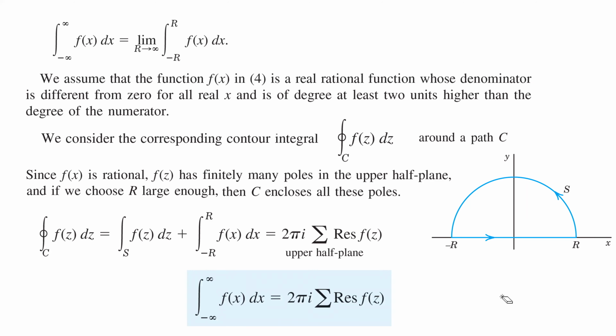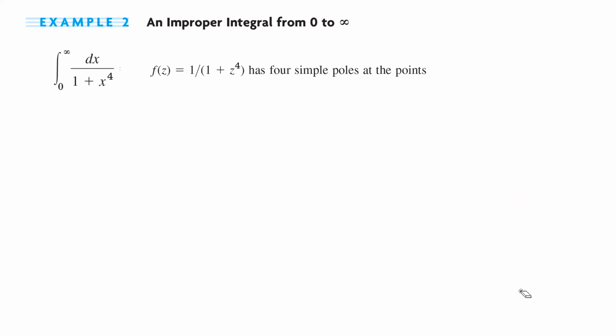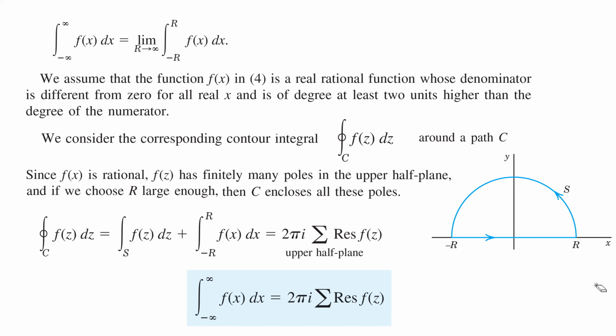So we say the integral from negative infinity to infinity of f of x dx is equal to 2 pi i times the sum of the residues of f of z on the upper half plane. Make sense? So this is a formula now.